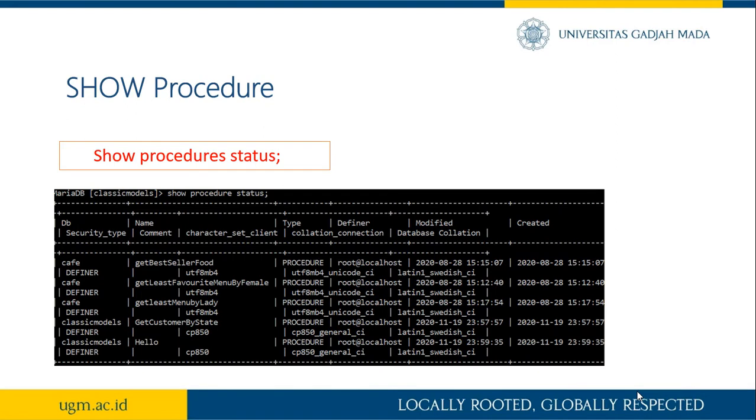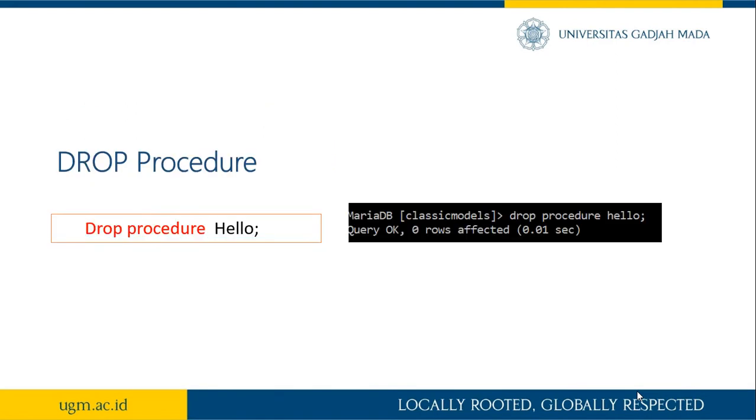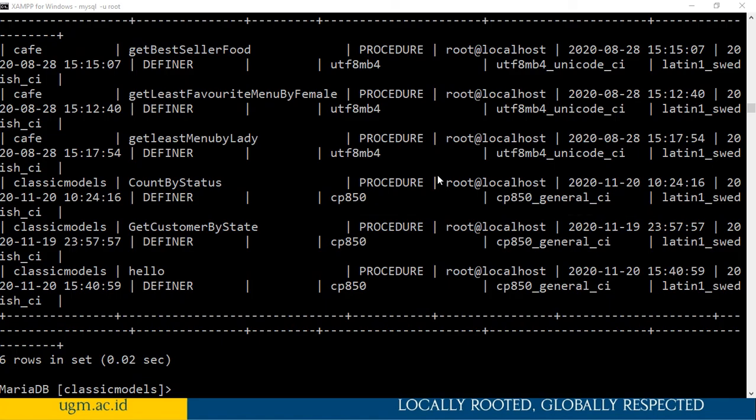Now, what if you want to delete or drop the procedure? Just use drop procedure, like this one. Drop procedure followed by the name of the procedure. The result will be like this one. Drop procedure hello. Now I'm going to delete the procedure.